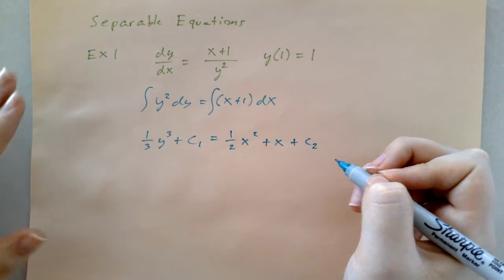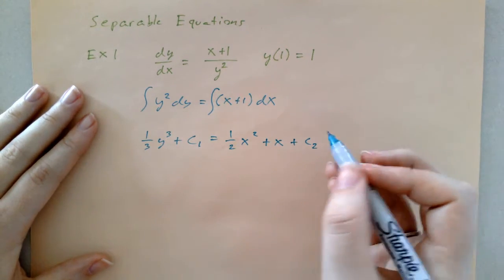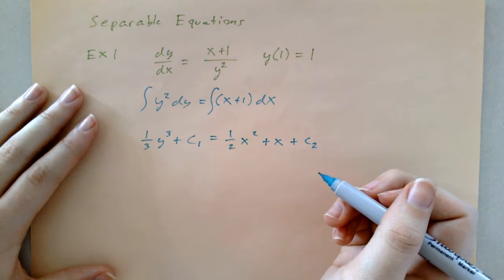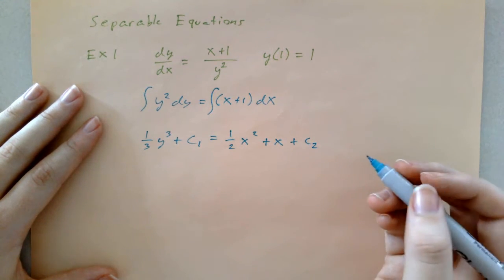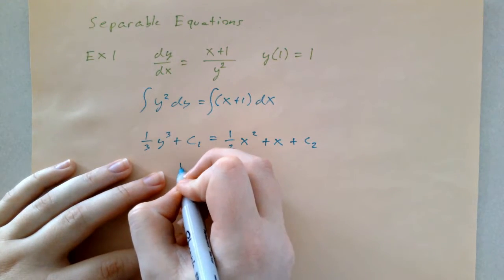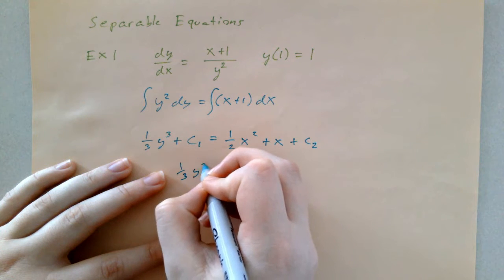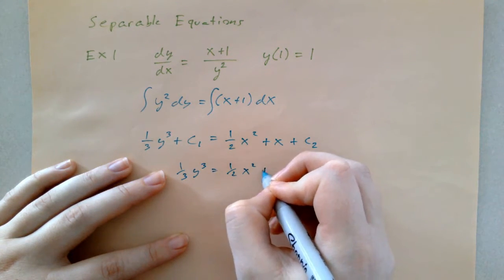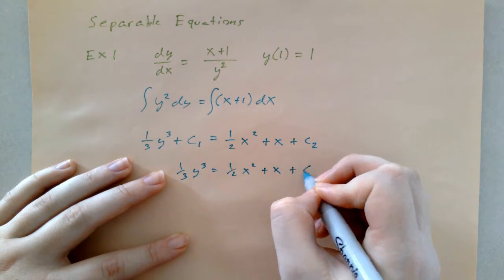One nice thing about differential equations and having these c values is because they're constants, we can just lump them together and define them as a different constant. So we can rewrite this as 1/3 y cubed equals 1/2 x squared plus x plus just regular c.